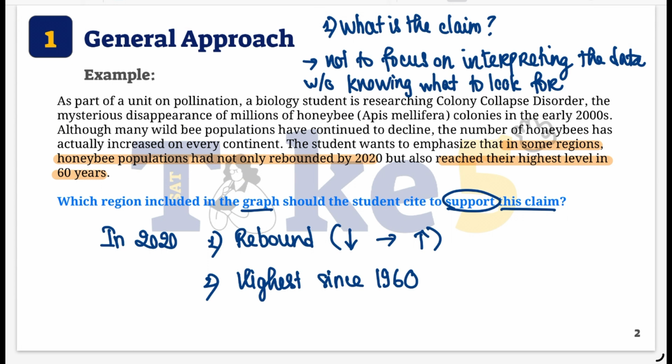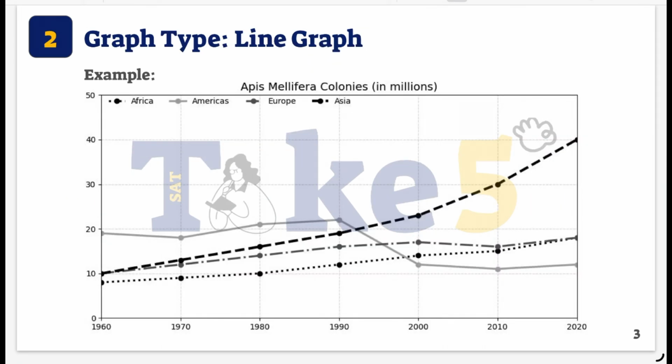Once we have a good grasp of the claim and what we should look for, we can proceed to the data provided. Now let's take a look at the graph to find something that illustrates this description. We are presented with a line graph of 4 continents showing the colonies trend line from 1960 to 2020.